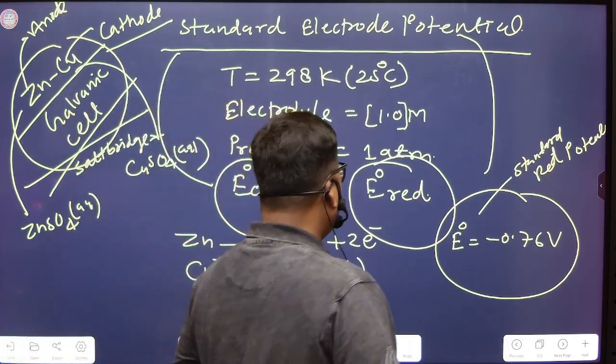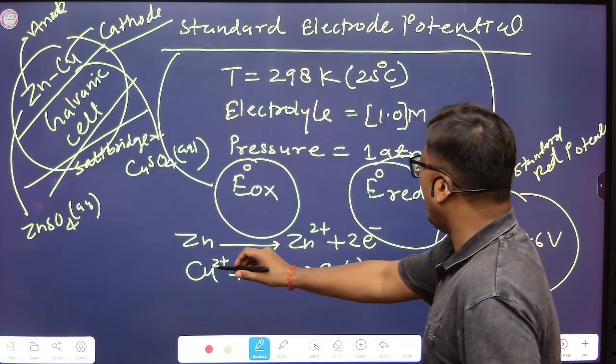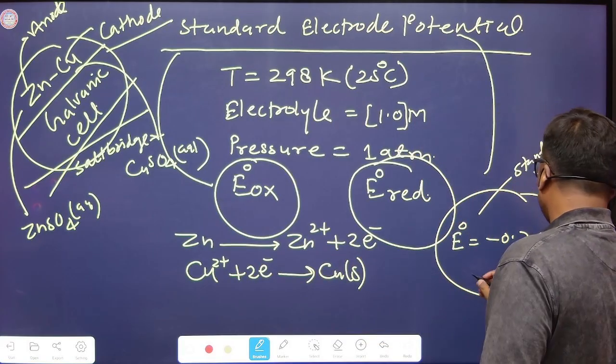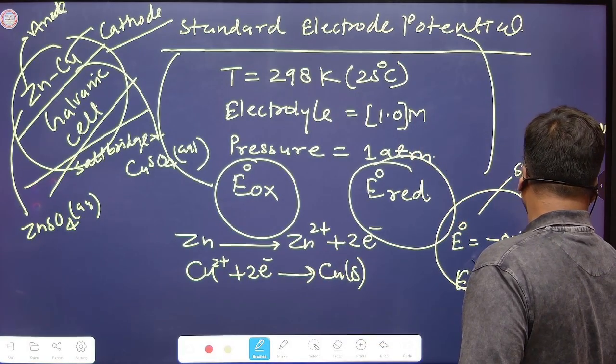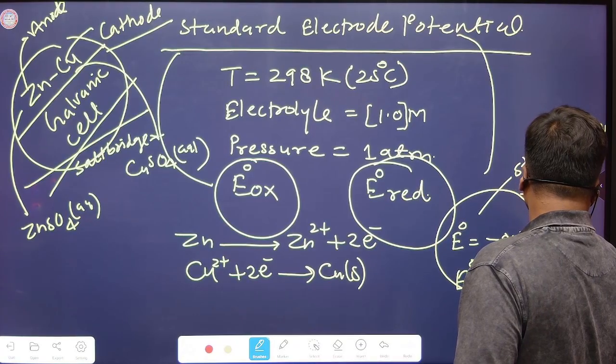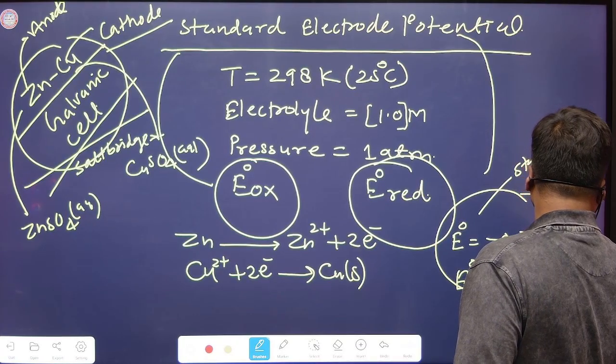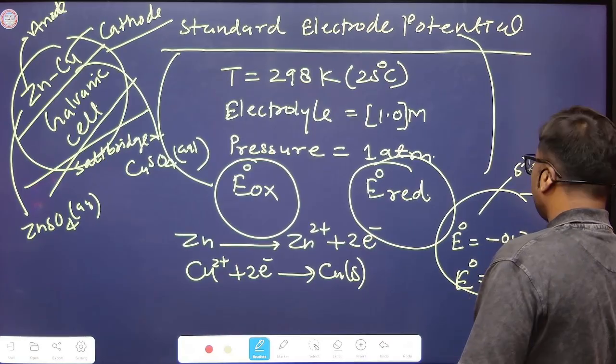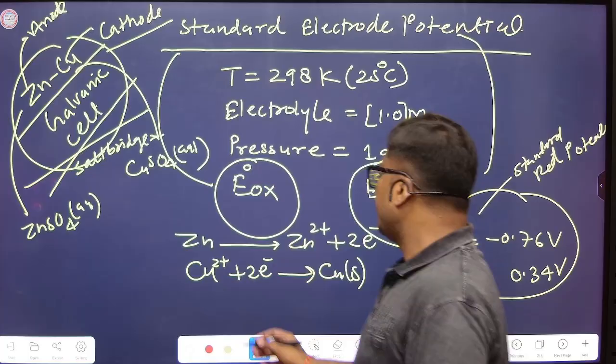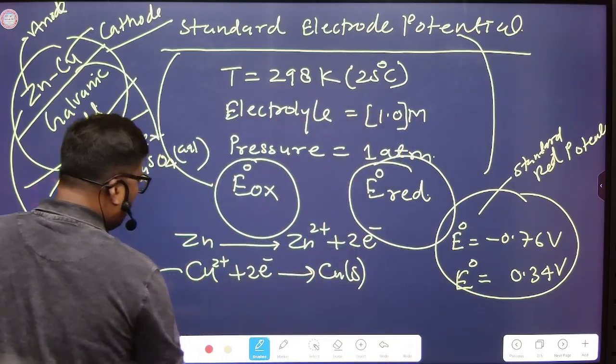The standard electrode potential for this half-cell reaction, E naught, is equal to 0.34 volt. So this reaction occurs at the cathode.